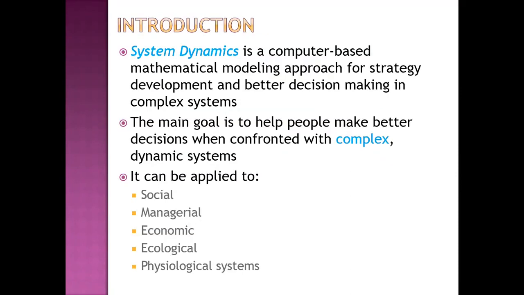System dynamics is a computer-based mathematical modeling approach for strategy development and better decision making in complex systems. The main goal is to help people make better decisions when confronted with complex dynamic systems. It can be applied to social, managerial, economic, ecological, and physiological systems.